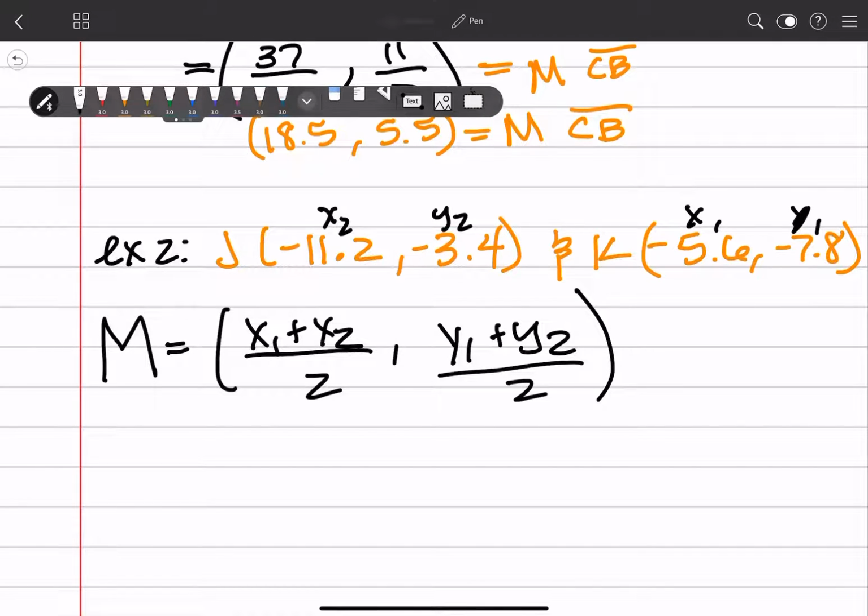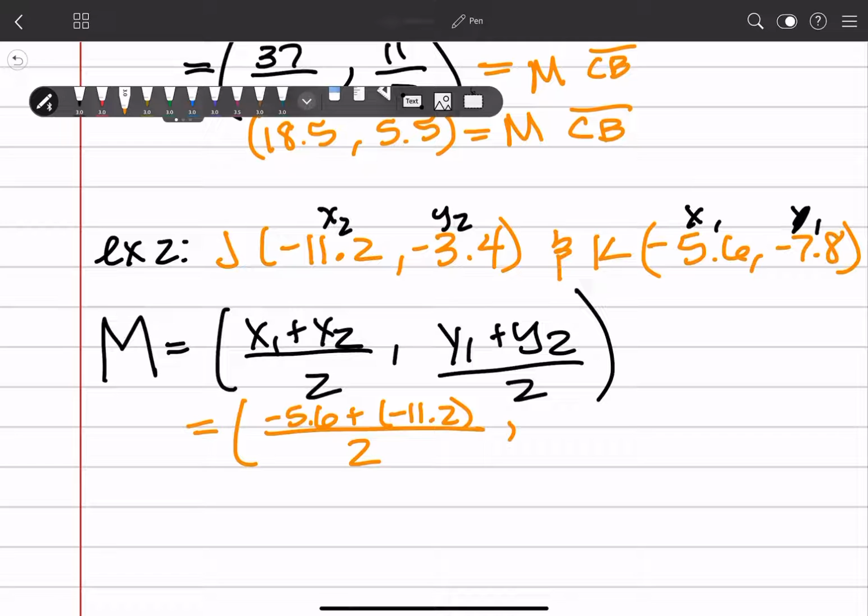So let's do this. We're going to drop these numbers in. I've got my X1, which is negative 5.6, plus a negative, and notice I'm putting parentheses around it, 11.2, all divided by 2.